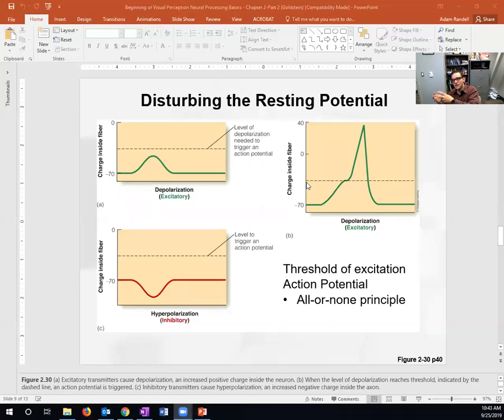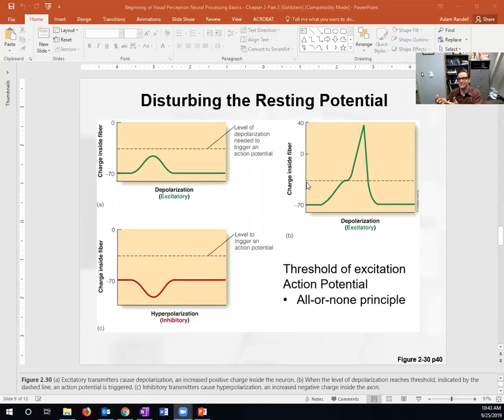Well, remember that some ligand-gated channels actually hyperpolarize the neuron. They let negative ions in or positive ions out, making the -70 move further away from 0. And remember that when we move further away from 0, we're hyperpolarizing. Well, when you hyperpolarize a cell, you make it less likely to do what it was going to do.